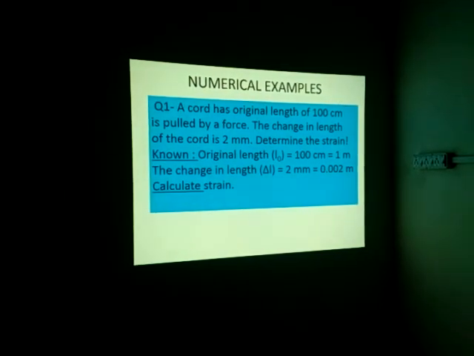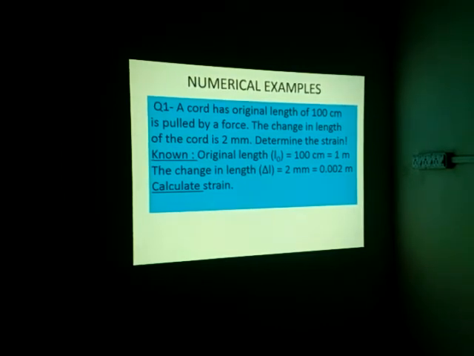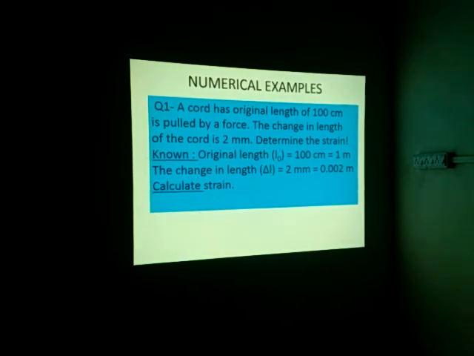Another problem: suppose a cord has an original length of 100 cm and is pulled by a force. The change in length of the cord is 2 mm. Determine the strain. Here we are given original length L0 of 100 cm, that is 1 meter. The change in length delta L is 2 mm, that is 0.002 meter.